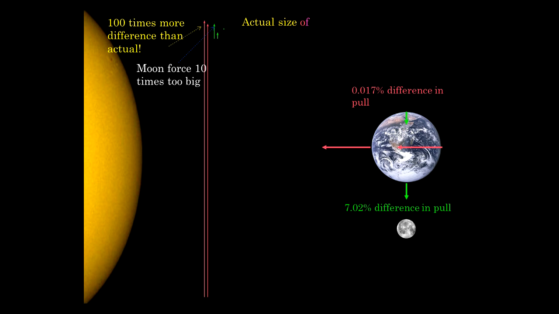So here's the actual size of the moon force compared to the sun force. If the sun force is really this vector, then the moon force is just that little blip there. I can't even put an arrow on it. And the far side of the moon would be 7% different than that. And that would be noticeable, but still very, very, very tiny.